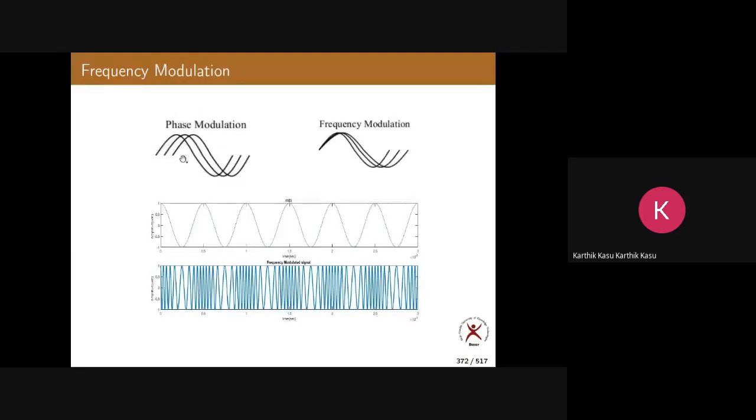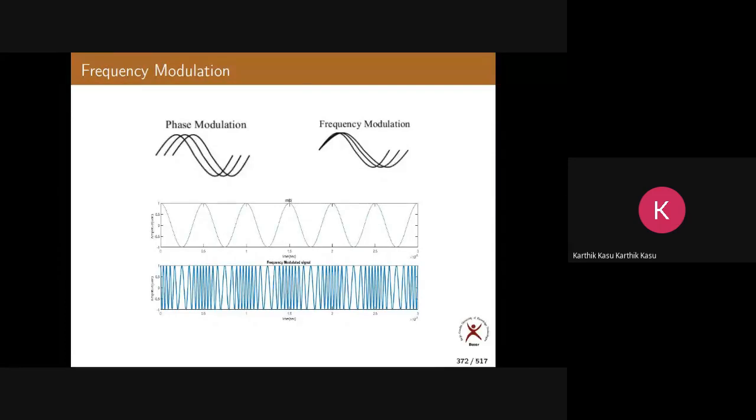Phase variations means they start at different times and end at different times, so it is difficult to observe. Whereas in frequency variations, they start at the same time and end at different times, so it is easier to observe.